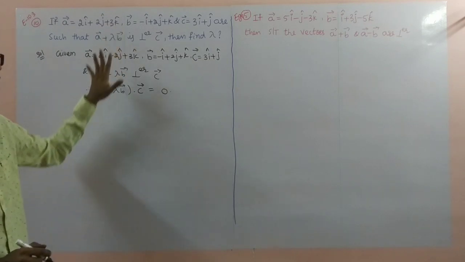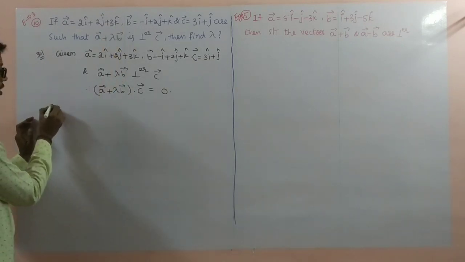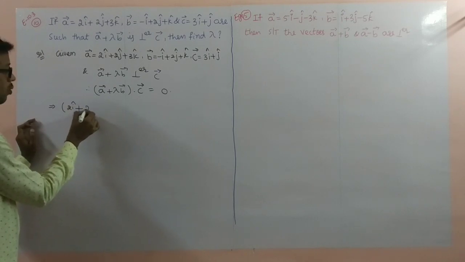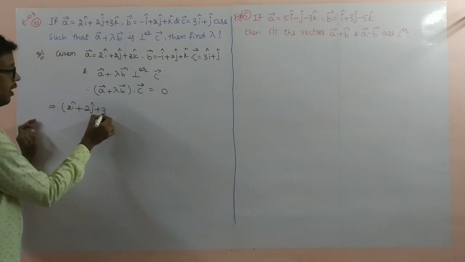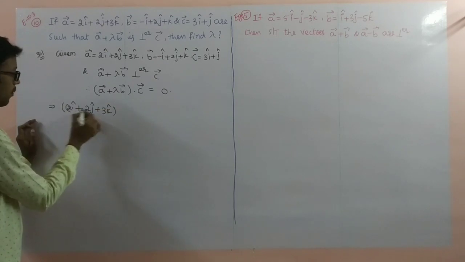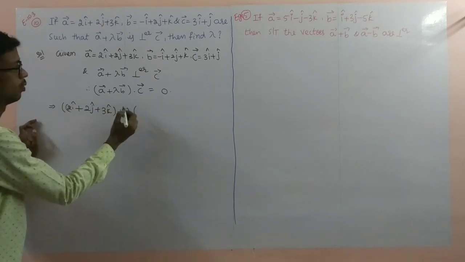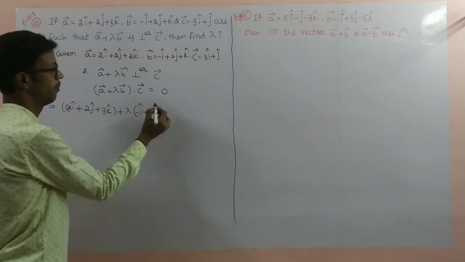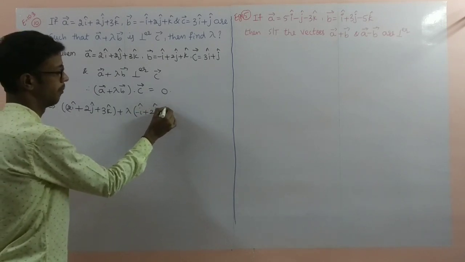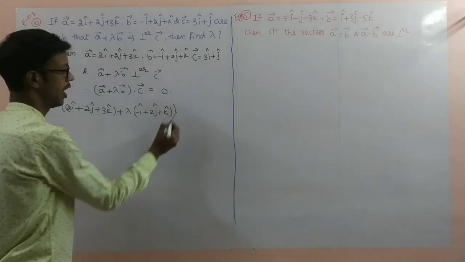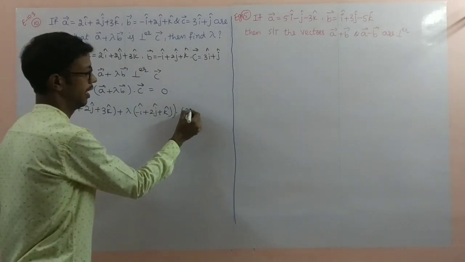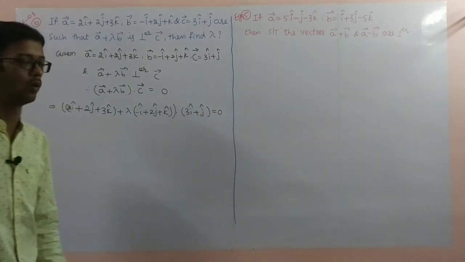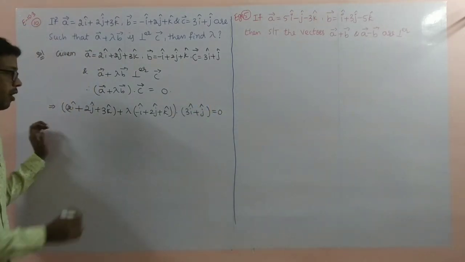Now substitute all the values here. A bar value is 2i cap plus 2j cap plus 3k cap, plus lambda into minus i cap plus 2j cap plus k cap, dot product with 3i cap plus j cap equals 0.